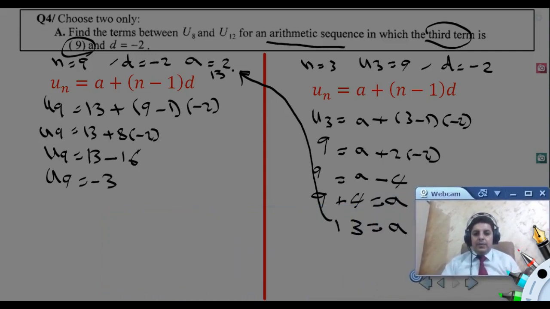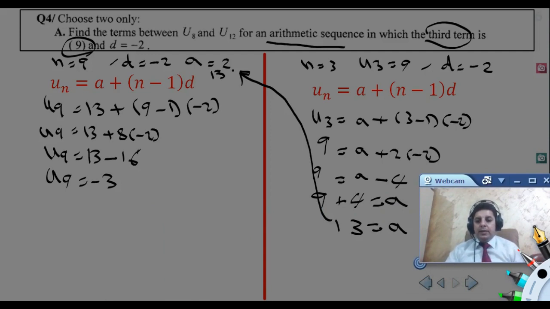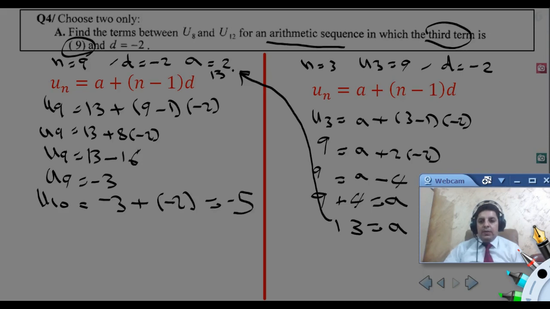That is U9. He wants the terms between U8 and U12, so he wants U9, U10 and U11. U10 comes from negative 3 plus common difference negative 2, equals negative 5.